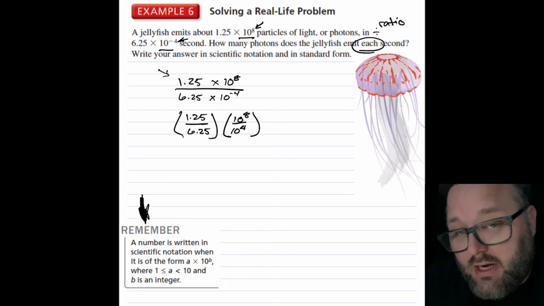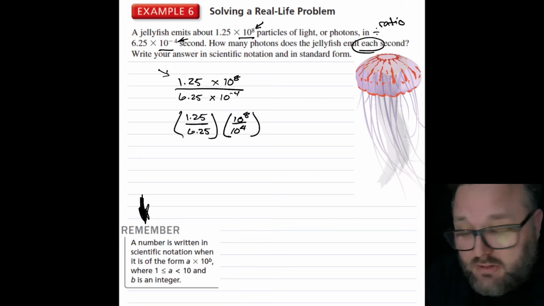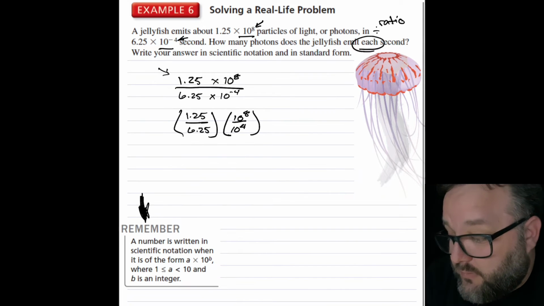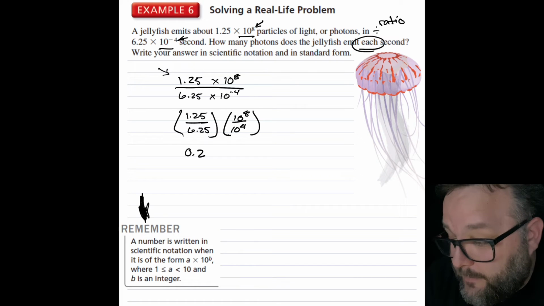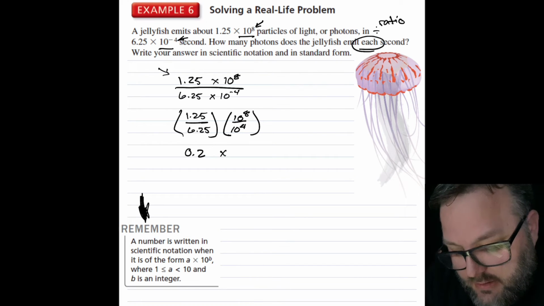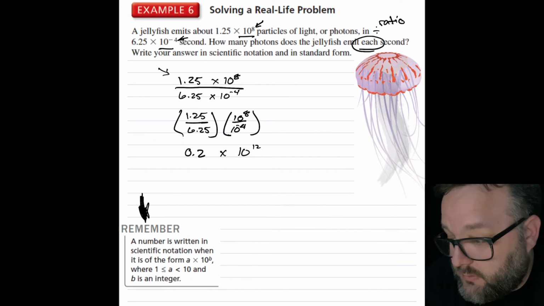And if I separate it out like this and I write it in this notation, well, that just means solve this fraction. And I've got the answer over here. I get, the answer is 0.2 times 10 to the 12th power.